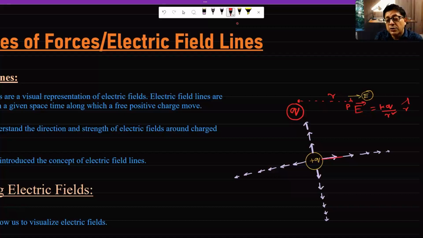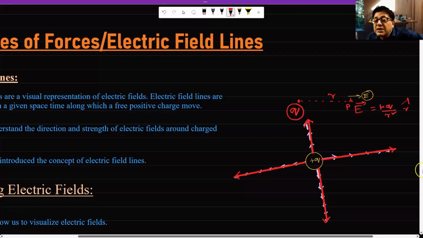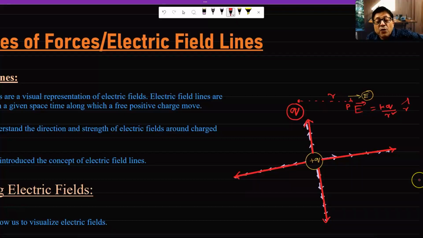So the electric line of force will be directed radially outward in this direction. Here also it will be radially outward, directed this way, and this manner. We have taken 4 because we don't know the magnitude of charge; the number depends on the magnitude of charge. These are electric lines of force.